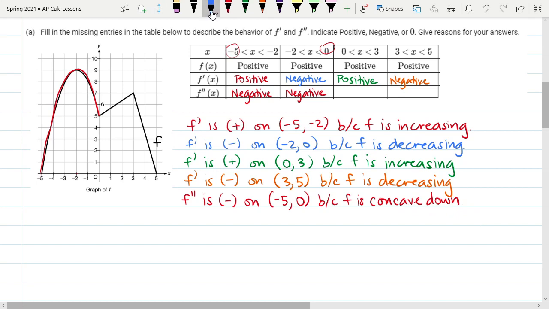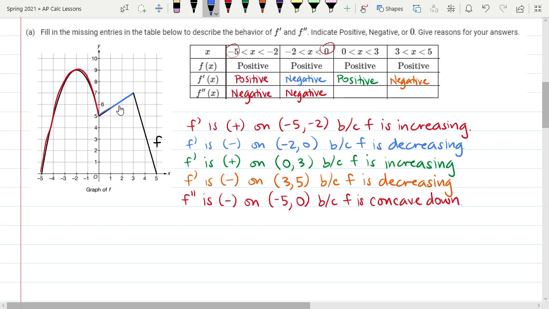Now here's the tricky one. So from 0 to 3, now notice from 0 to 3 there is no concavity, right? That's just a line segment, so it's not arcing upward or downward. But now let's think about it. So if f is a line segment, then that means f prime would be the constant slope of that line segment, which in this case is 2/3. So the derivative is actually a constant, which means the derivative of that, remember the derivative of a constant, is always 0.